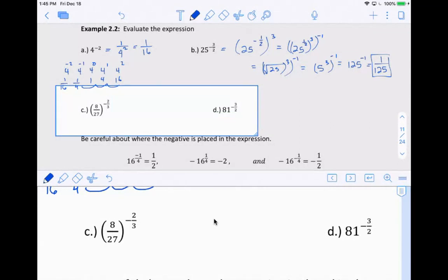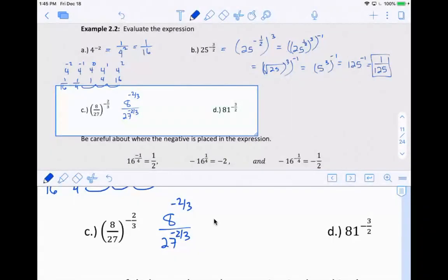All right, I think we'll tackle this one now with the fraction, and then you can try out D on your own and see how you do. We've got each one of these in this fraction being applied this power. Oh, it's not a 5, Miss K, it's 27.